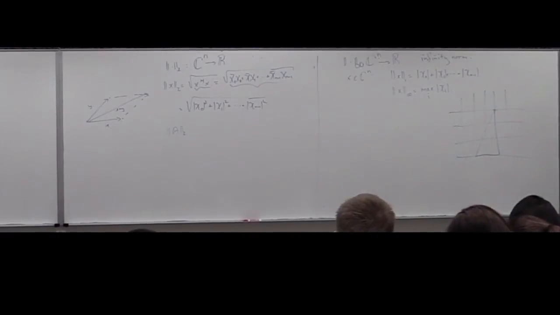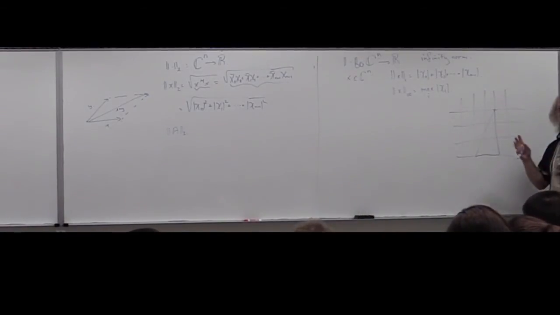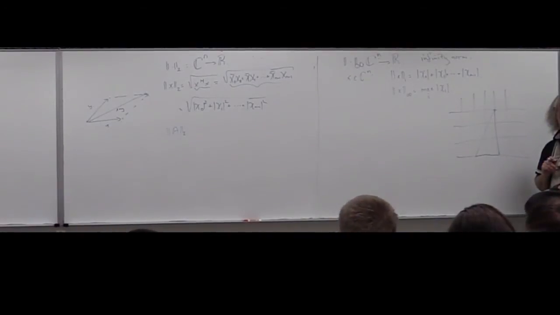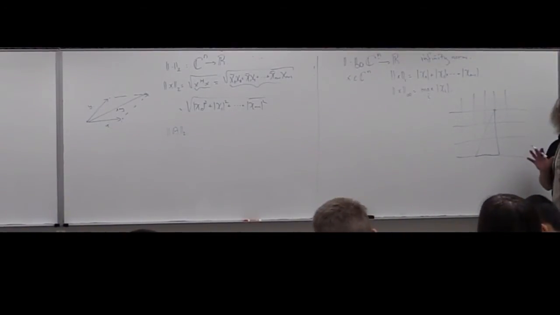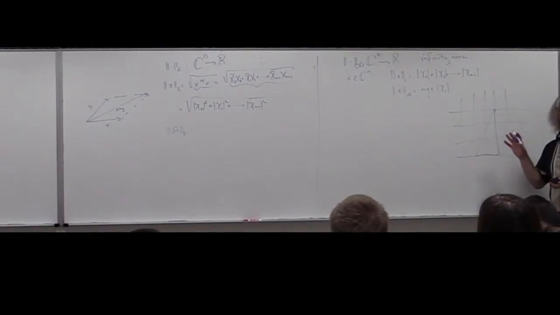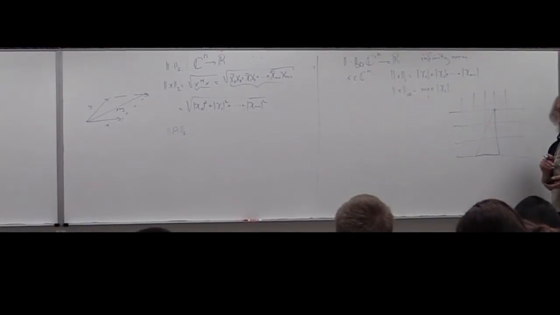Okay, so if we have this vector here, you look at this distance, you look at that distance, you pick the largest of the two, that's the size of the vector. It's probably a little bit less intuitive that that also is a norm, but it's actually very easy to prove that it's a norm. So we'll leave that as an exercise. All right?